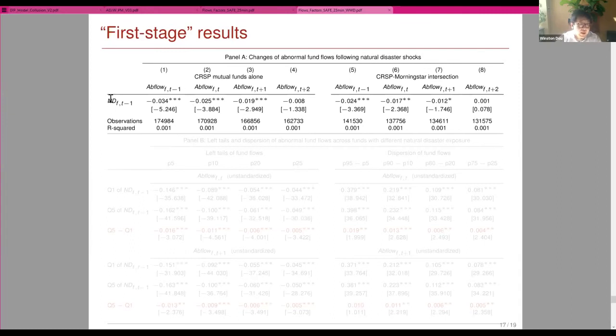Basically, funds with higher natural disaster exposure in quarter T-1, yes, in the same period, have on average more abnormal outflows, and also in the next quarter and the quarter after, but after 2 quarters the effect is gone, and it is robust to different subsamples.